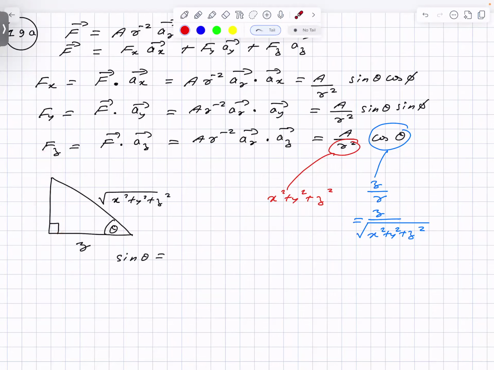This length would be the square root of x squared plus y squared plus z squared minus z squared, which gives us x squared plus y squared. So sine theta would be perpendicular over hypotenuse.